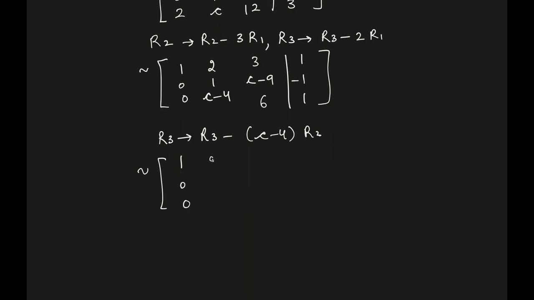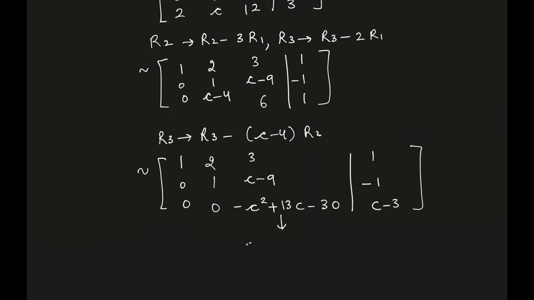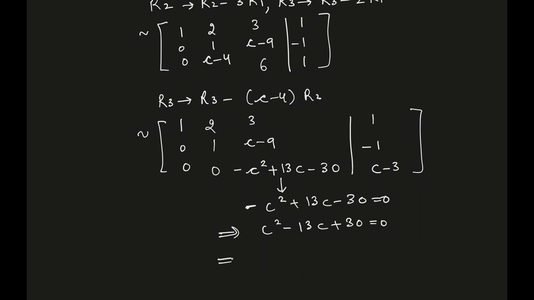1 0 0, 2 1 0, 3 c minus 9 and minus c square plus 13c minus 30, 1 minus 1 c minus 3. So firstly I will solve this. Minus c square plus 13c minus 30 equal to 0. So from here c square minus 10c minus 3c plus 30 equal to 0.